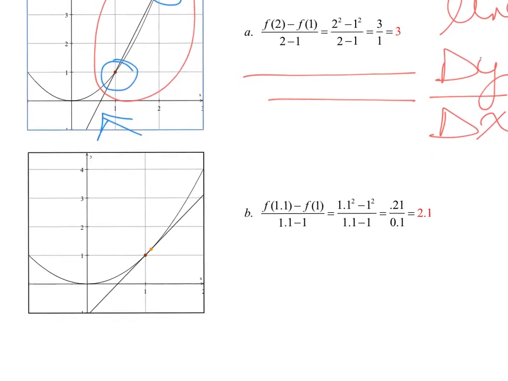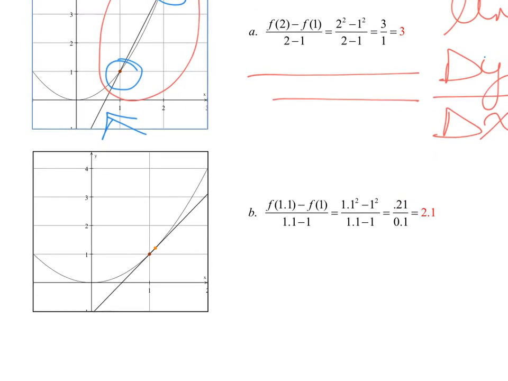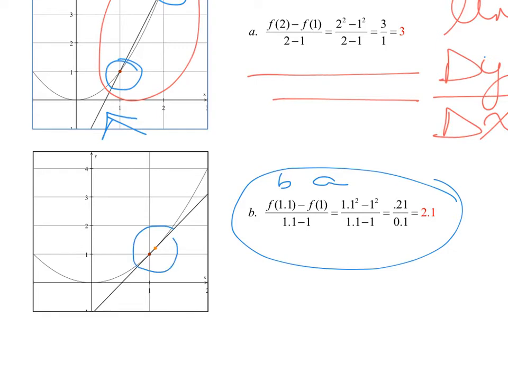Okay, so let's move down to the bottom of this page. We still have a slope of a secant line, but look what's happened this time. We're moving from 1.1, that's our b, to 1, that's our a. Focus your attention right here. It is getting smaller and smaller, but I'm still talking about it as an average rate of change, and we are still looking at the slope of a secant line.